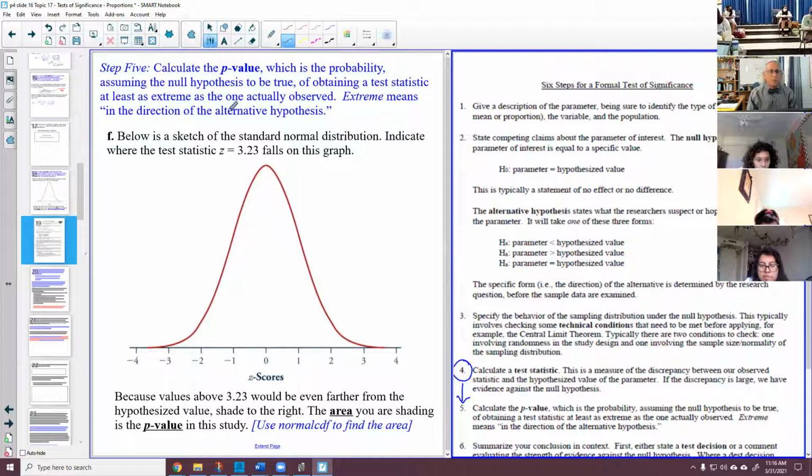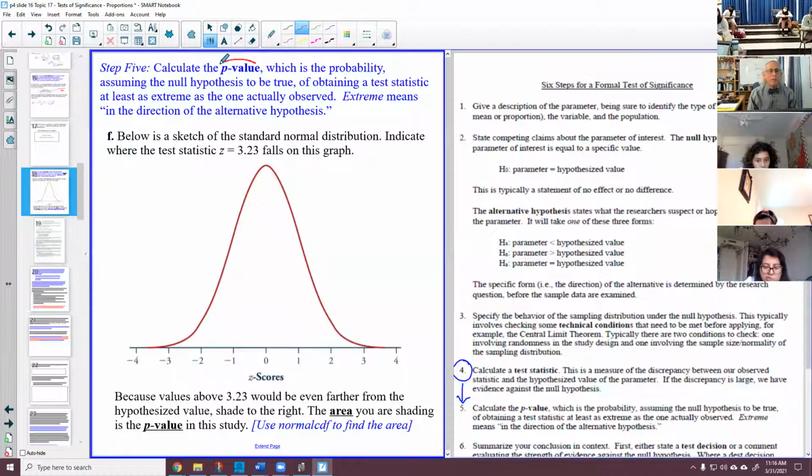P-value stands for, at least in my understanding, probability value. What is the probability, assuming that the null hypothesis is true, of getting a test statistic at least as extreme as the one we actually observed? And extreme means in the direction of the alternative hypothesis.